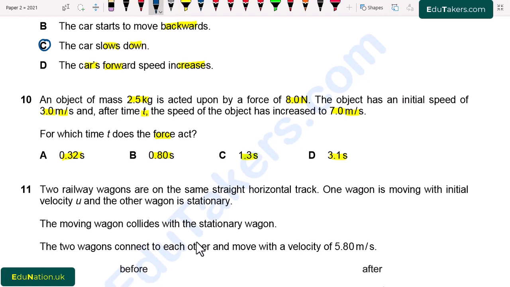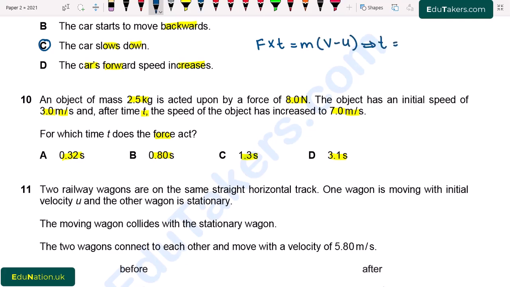So here we have to find the value of the time. I write here, the product of force and time is equal to impulse, and it is equal to the change in momentum. So I write here m(v minus u).